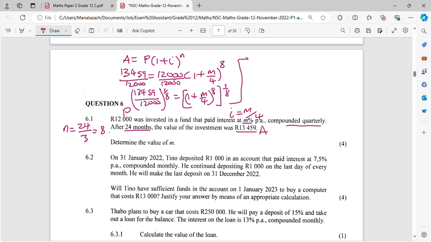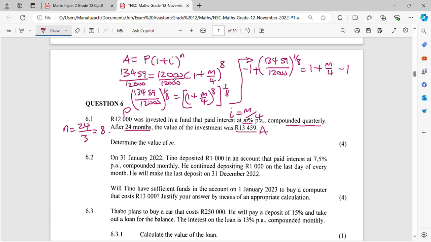I'll continue from here. On the left hand side, I'll still have (13,459 divided by 12,000) to the power 1 over 8, is equal to 1 plus M over 4. And then I'll start subtracting 1 on this side and this side.